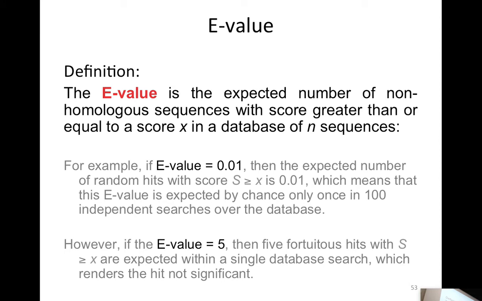An e-value is quite intuitive. You can rationalize about it, and it also immediately has the concept of the database in there. Of course, the larger your database gets, the more likely it is that you find random hits in that database. So an e-value is the expected number of non-homologous sequences with a score greater than or equal to a score x in a data set of sequences.